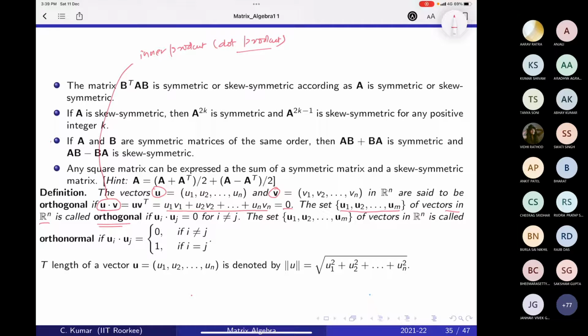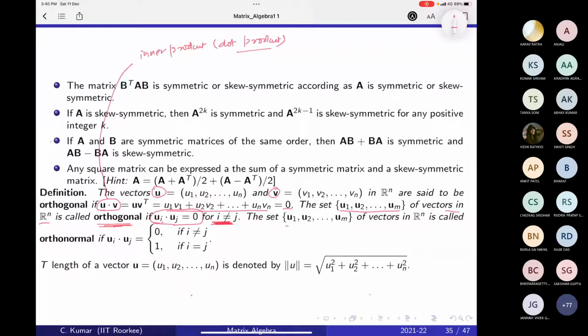Now we are defining the orthogonality of m vectors in Rn. They are said to be orthogonal if for any i and j, where i and j are different, ui into uj is equal to 0. Whenever i and j are different, the dot product of the ith vector and the jth vector is 0, then we can say that u1, u2, um are orthogonal vectors.